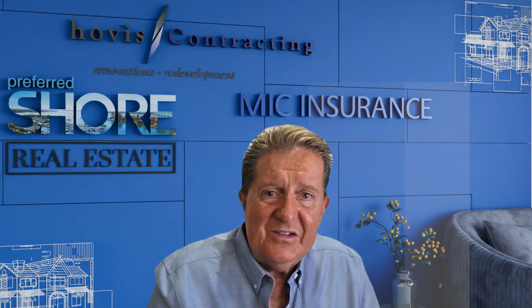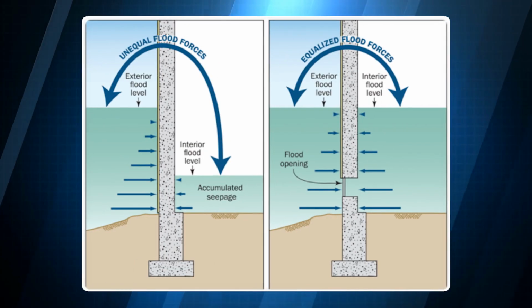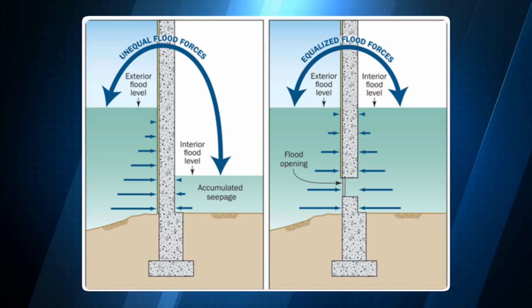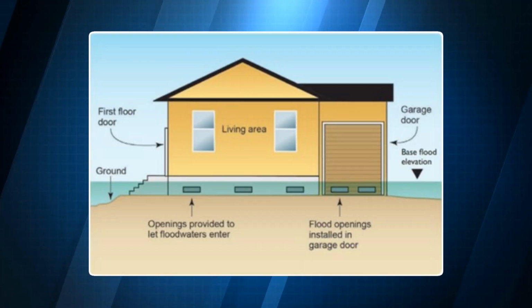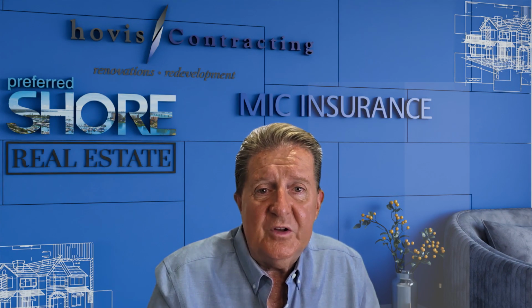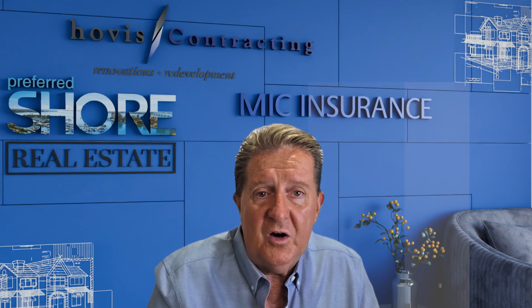Now, A8 is important because it details flood vents or flaps. They are used in elevated homes to equalize the pressure during a flood. Basically, they allow water to flow through the bottom floor, so other than cleaning up afterward, there is no damage to the structure of the home that would make it a hazard or unlivable.